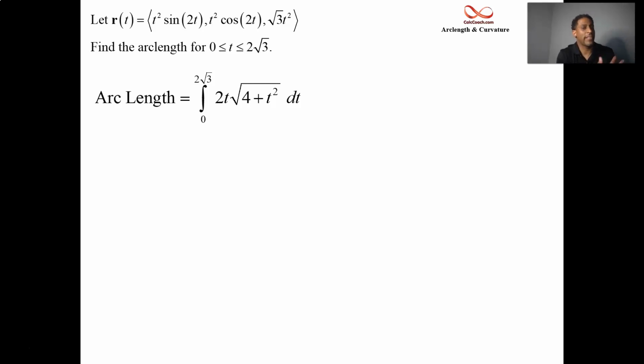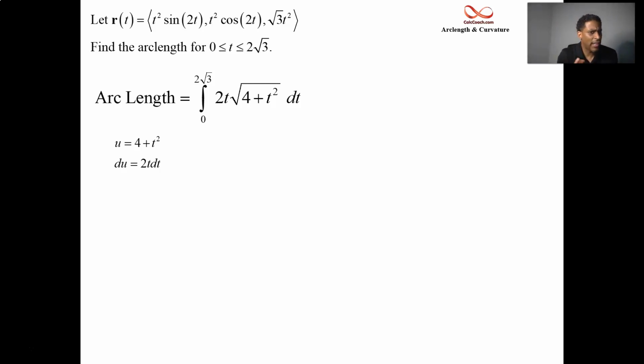So we have to actually consider different techniques of integrating. We don't have to get too far down the rabbit hole of integration techniques. Integration by parts is not what we need here. This can be done with u-substitution. The inside power is 1 more than the outside power. In fact, the inside's derivative is the outside. If you let u be 4 plus t squared, du is 2t dt.